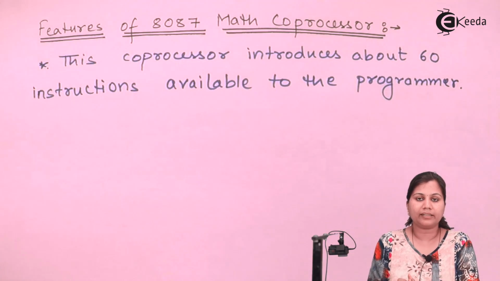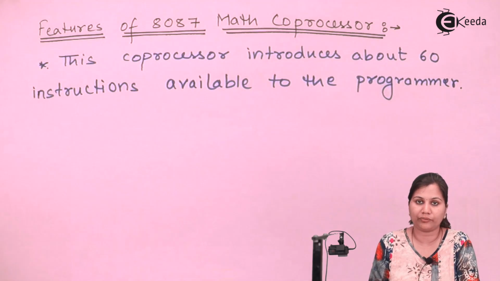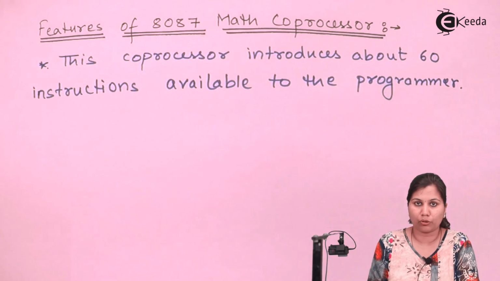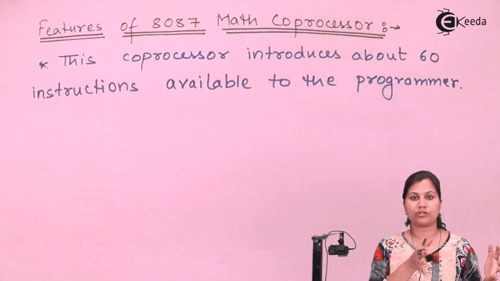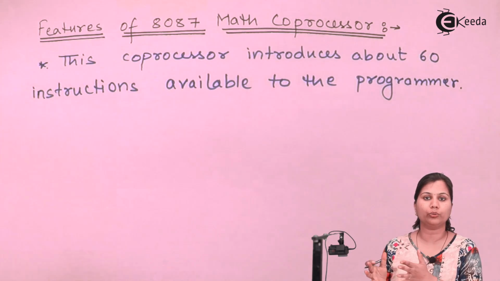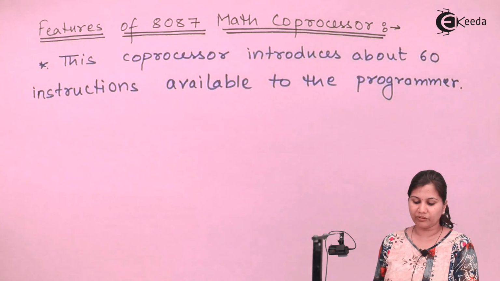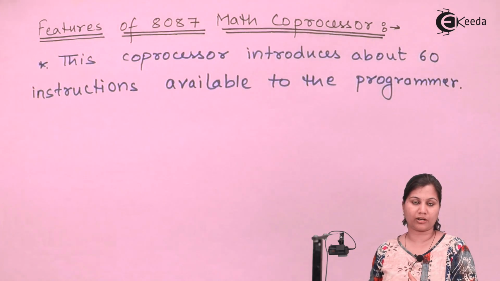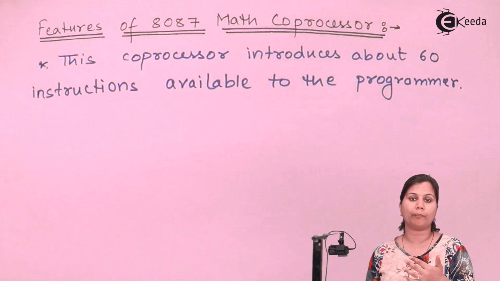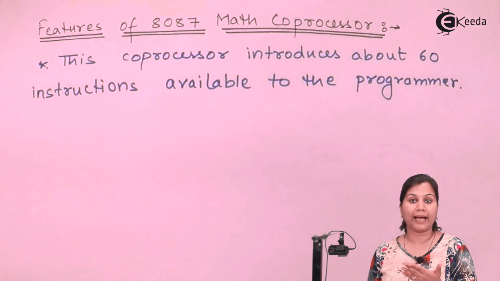Now this coprocessor introduces 60 new instructions to the instruction set of the microprocessor, and this instruction set is available to the programmer so that the programmer can perform operations on floating point numbers also. We can say that the coprocessor has its own instruction set, and it is optimized in such a way that it can perform calculations on floating point numbers and high speed calculations.